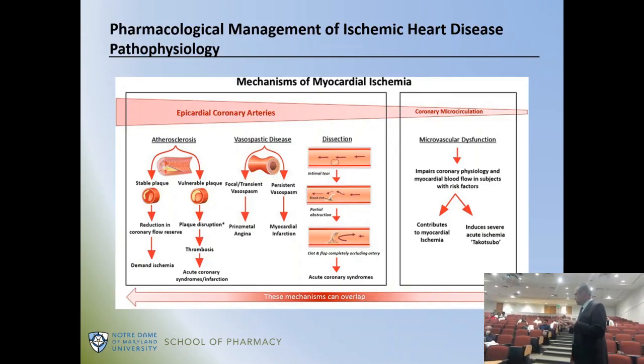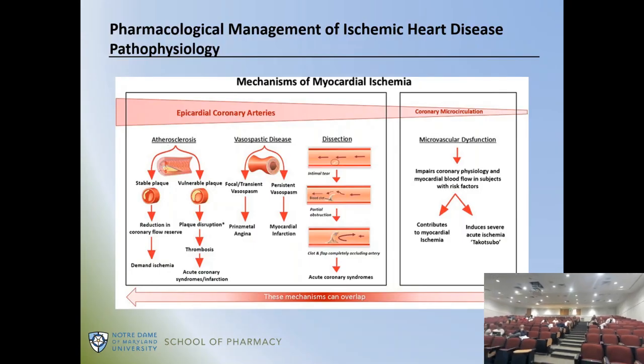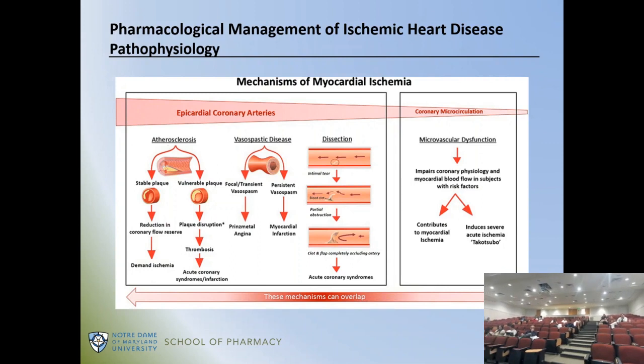But what we do know very clearly is that over time in certain individuals, especially as you get older, if you don't exercise often, you don't have a great diet, you smoke, there are a lot of risk factors for atherosclerotic disease. Over time, you can get the formation of atherosclerotic plaques in the coronary circulation.